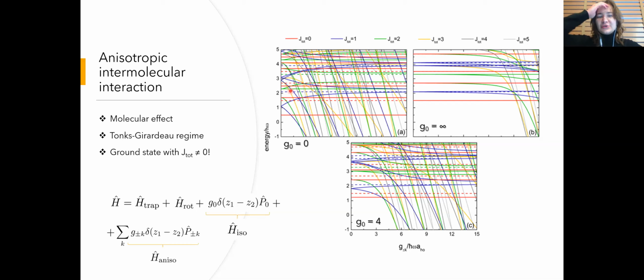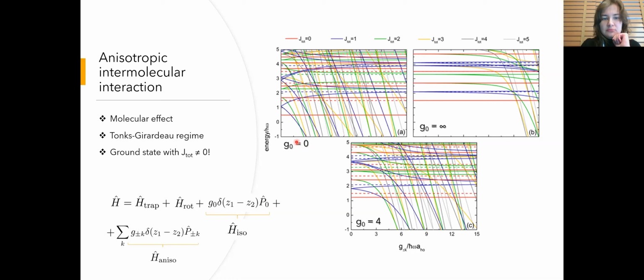Okay, so coming back, the intermolecular interaction pushes down states with high rotational angular momenta, high J. This is one message from this. And secondly, if you look closer, this is the plot for the same function of the same strength of the anisotropic interaction, but they differ in the isotropic interaction.